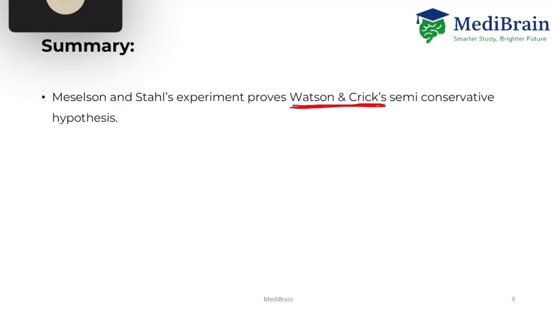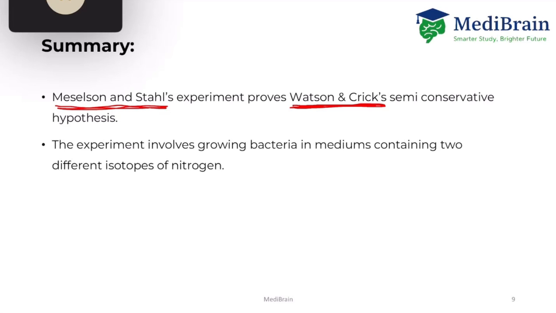And then these scientists, Meselson and Stahl, conducted the experiment to come to the conclusion that DNA replication is semi-conservative. The experiment involves growing bacteria in mediums containing two different isotopes of nitrogen. We used 14N and 15N, one of which is heavier than the other.